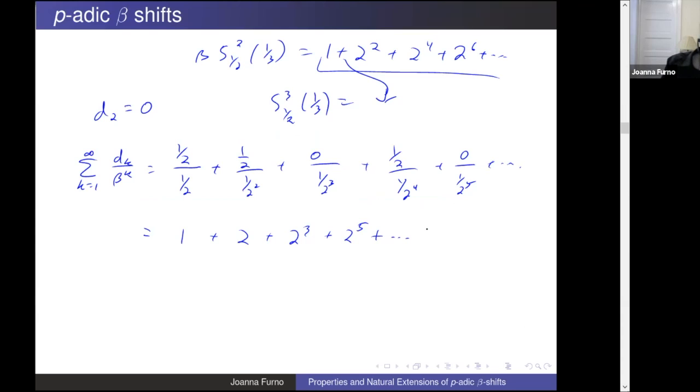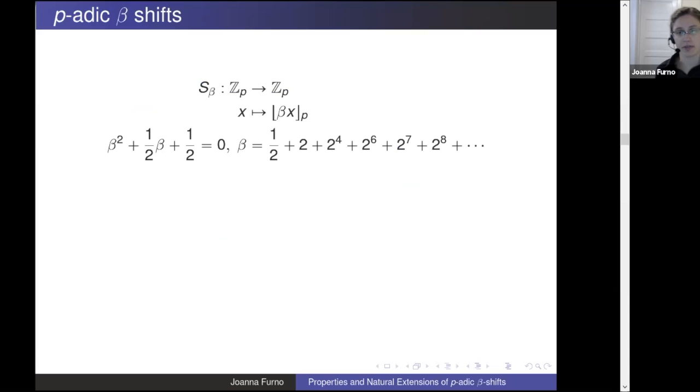All right, let's try this with a non-integer because that's a bit more interesting perhaps. So we've got, again, an algebraic irrational number in our p-adics.